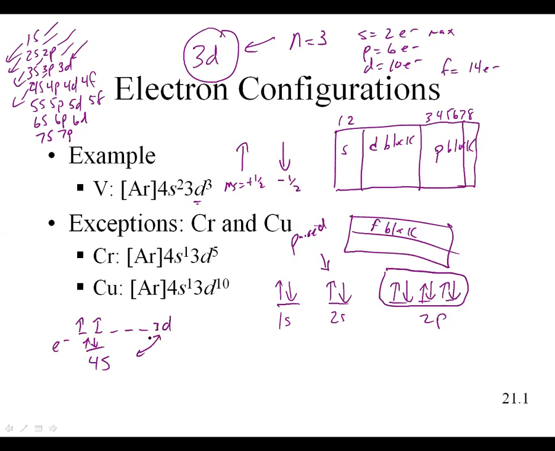You may also know, as we'll talk about in just a second, that once you start filling the d orbitals with electrons, there's a switch in terms of energy. The 4s electrons actually become higher in energy than your 3d.